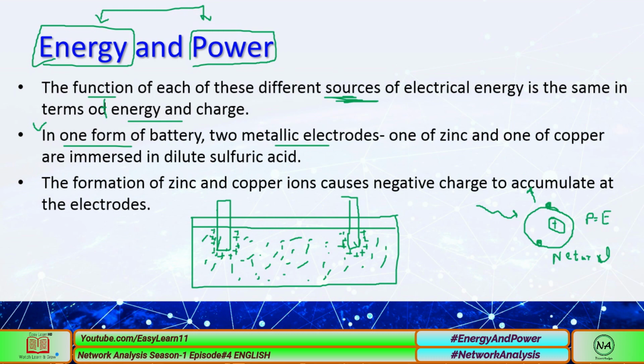Then there is a question: if energy comes from somewhere and pushes these charges to go around the external circuit and complete their path, like if I'm connecting a bulb here, simple, this is a bulb and it can produce light if it is connected to positive and negative sources.